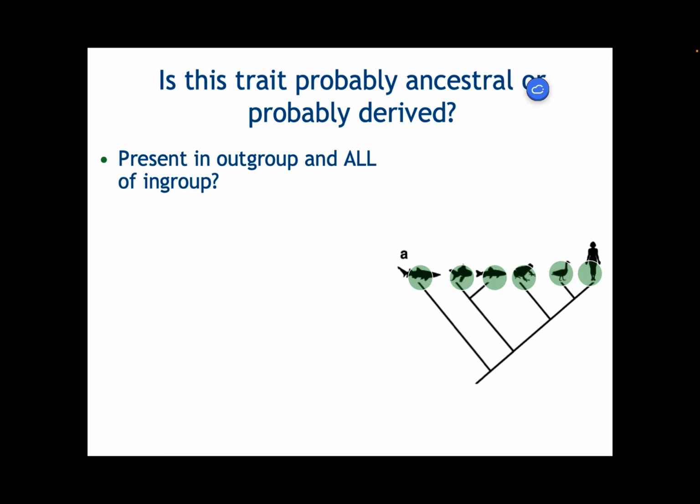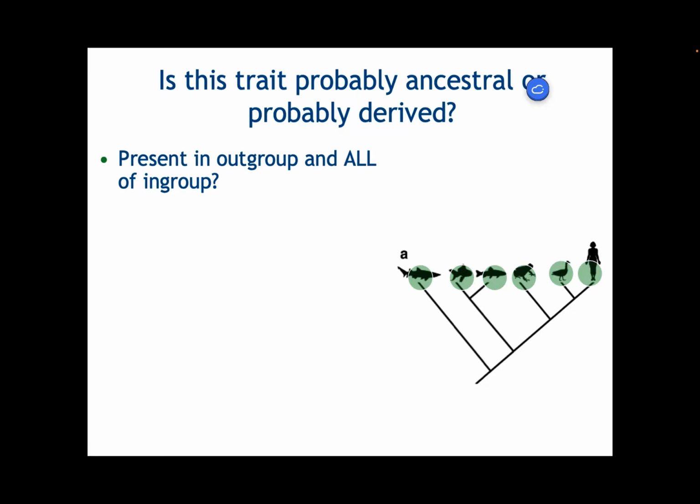So imagine that for all of these taxa, including the outgroup, which is sharks on this slide, we're looking at a trait like having a backbone. And every single taxon represented on this tree has that trait. If a trait is present in the outgroup and it's also universally present in the in-group, just raise your hand if you think it's probably ancestral.